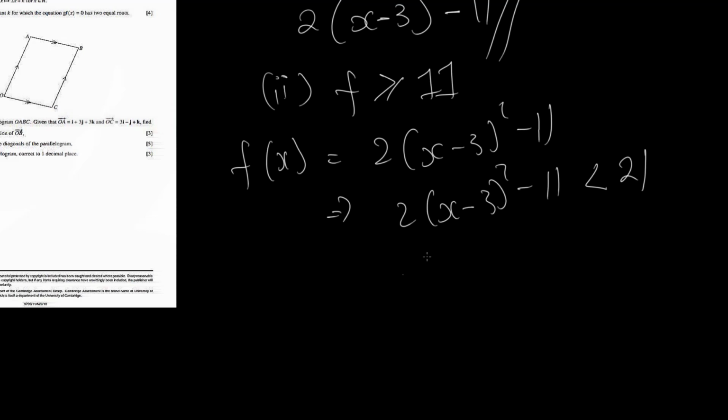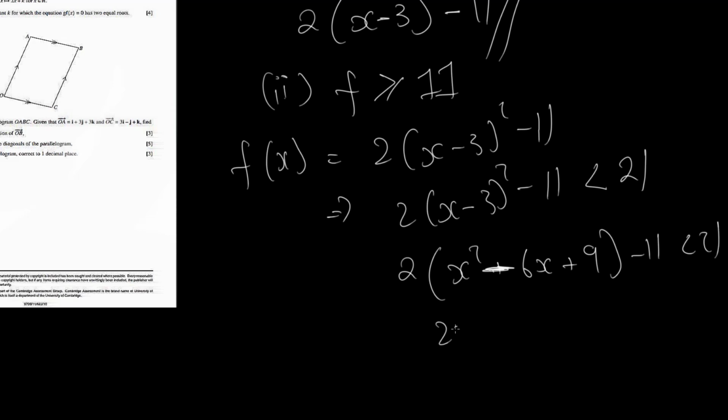So if I solve the inequality, if I expand the bracket, I will have a square plus 2ab plus b square. I'll have a quadratic equation situation over here.